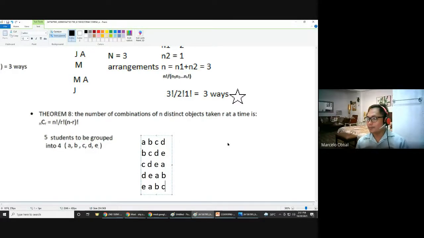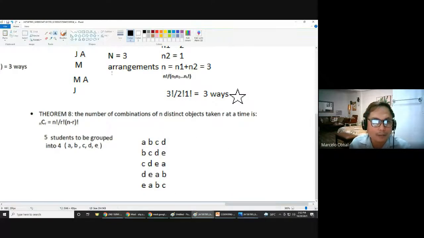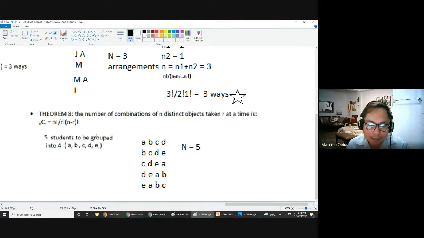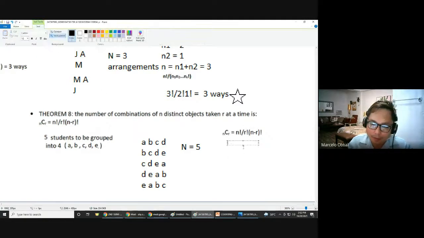Let us check. So, in manual method, which I discourage you to do kasi mahirap ito, sabi ni Joseph, 5 lang daw. So, let us check this using the NCR. You may use this formula. Again, yung R is paglalagyan. There are 5 students, so there are 5 factorial. Ilan yung paglalagyan? 4.